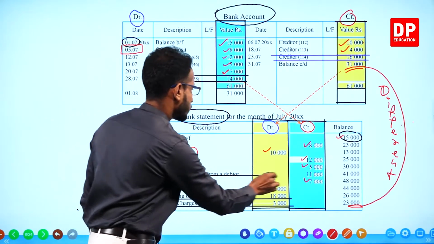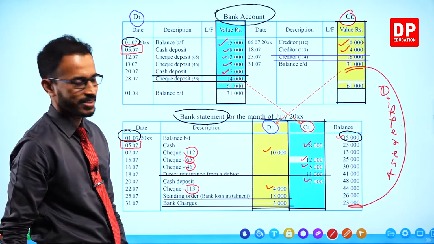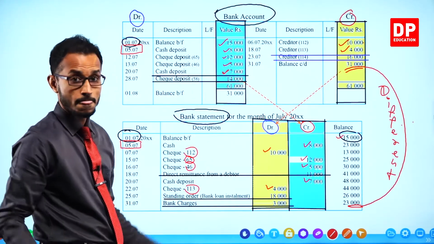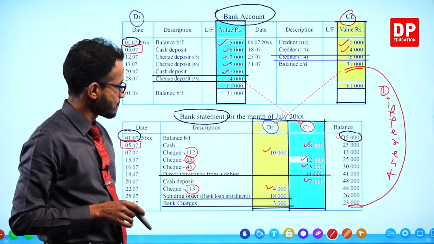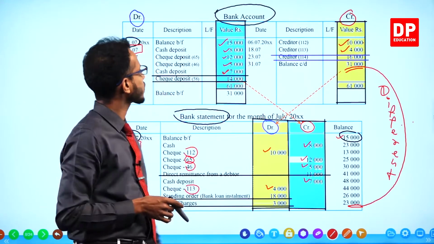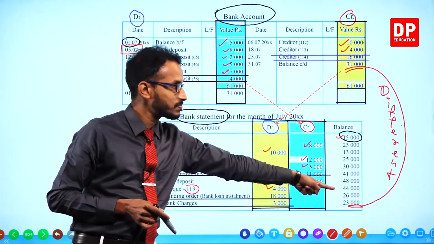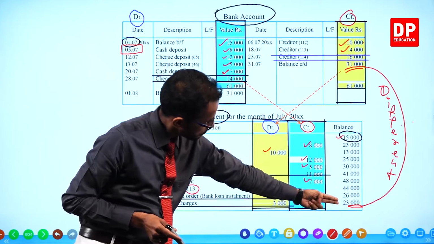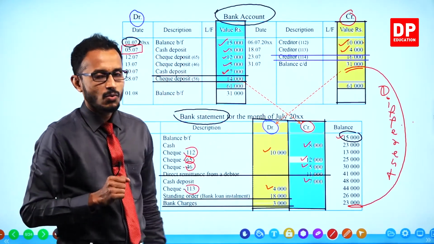This one, the direct remittance of 11,000. It's not in our bank account on the debit side. Okay, we found all the items which are causing this trouble, the difference. Okay, let's see what we can do now.